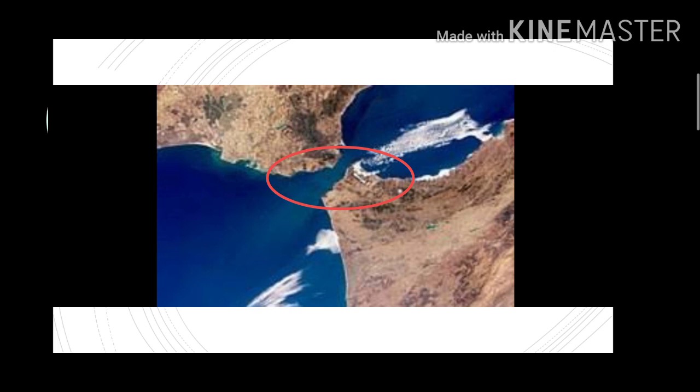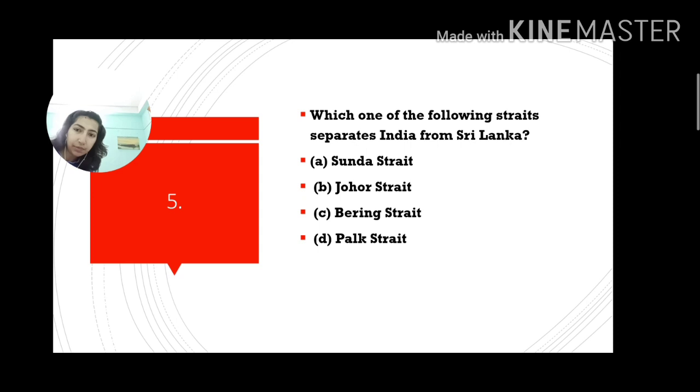So which strait separates India from Sri Lanka? The options are Sunda Strait, Johor Strait, Bering Strait, or Palk Strait. I think you've heard about it very often. So it's option D, that is Palk Strait, which separates India from the island country, our neighbor Sri Lanka. Let's move to the next question.